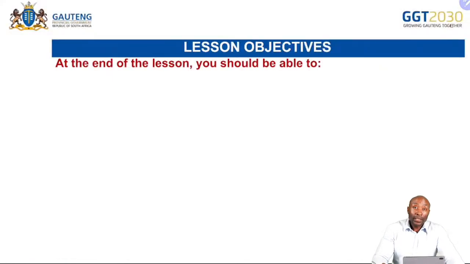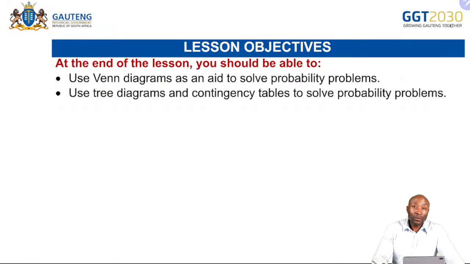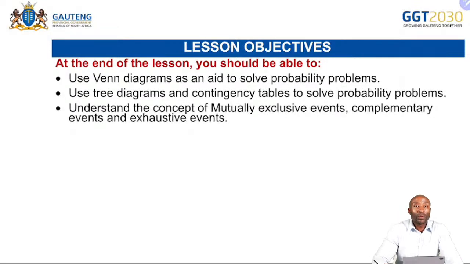Our lesson objectives. By the end of the lesson, we should be able to define probability, use Venn diagrams as an aid to solve problems, use tree diagrams as an aid to solve probability problems. We should also be able to use our contingency tables to solve probability problems.